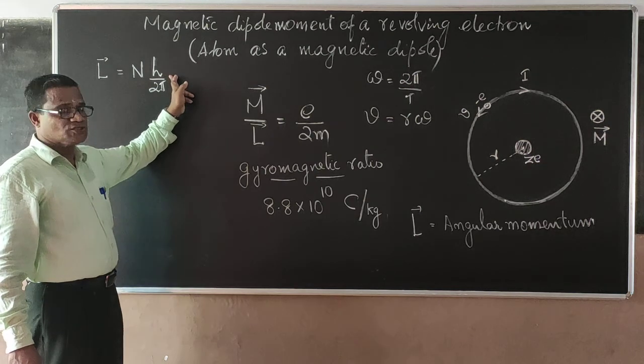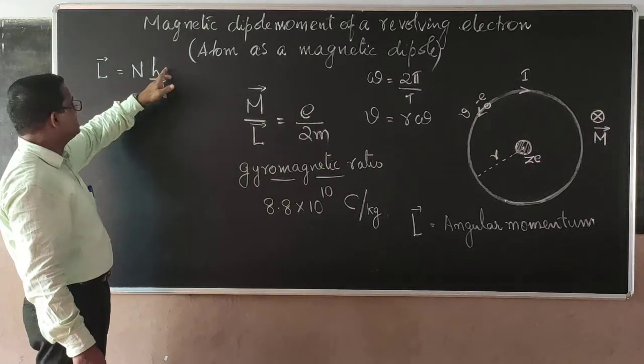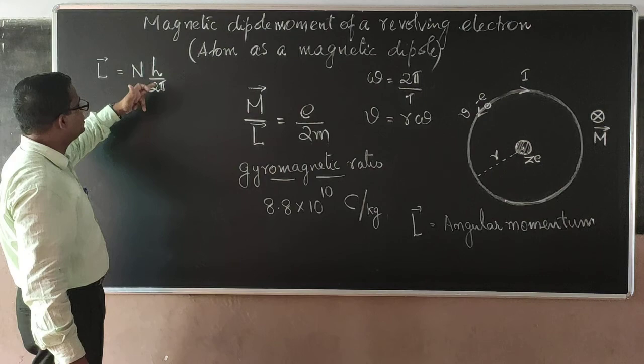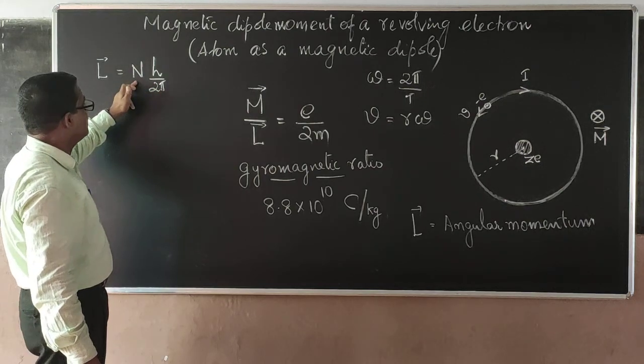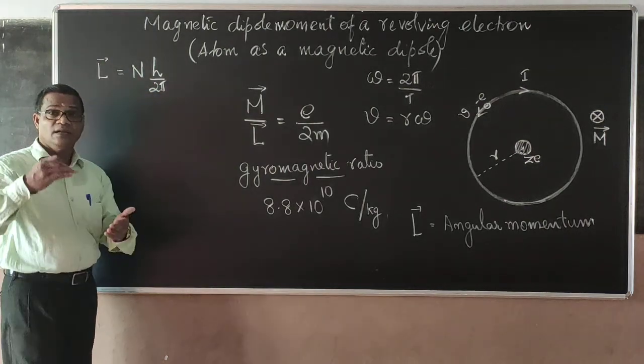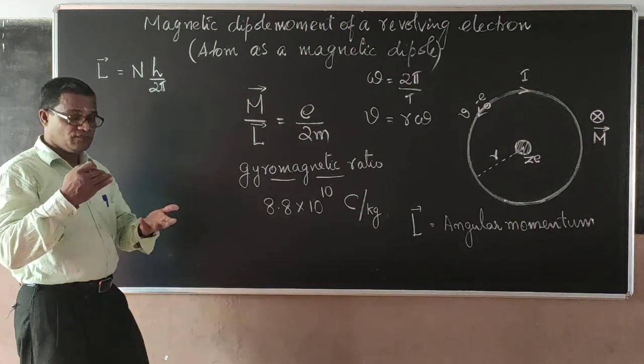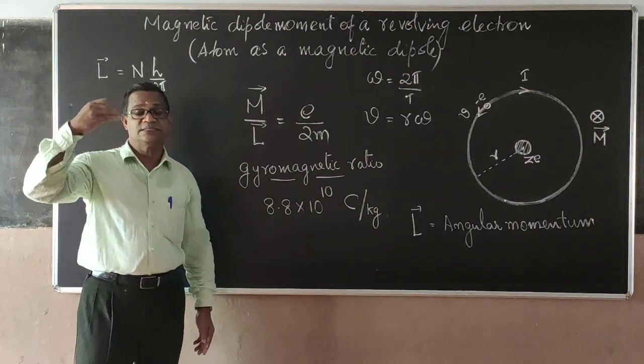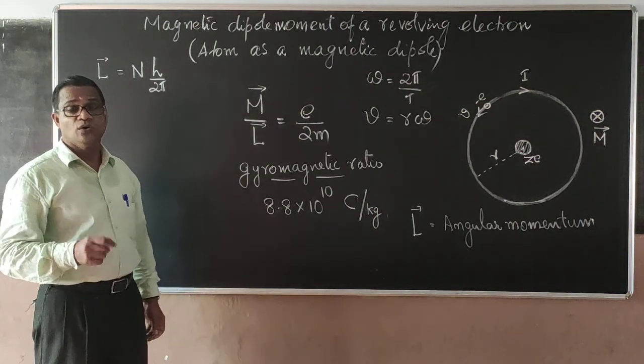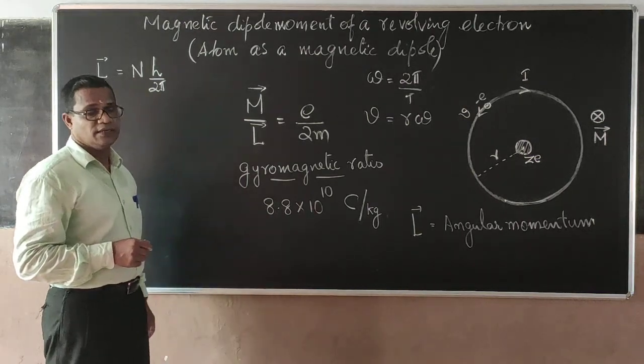You all know what Planck's constant is. So h by 2 pi into n. This n can have values ranging from 1, 2, 3, etc. up to infinity. All whole numbers you can consider.